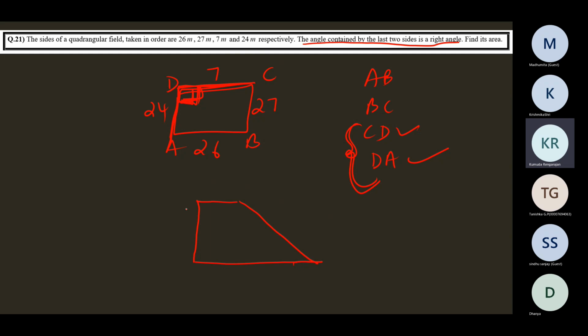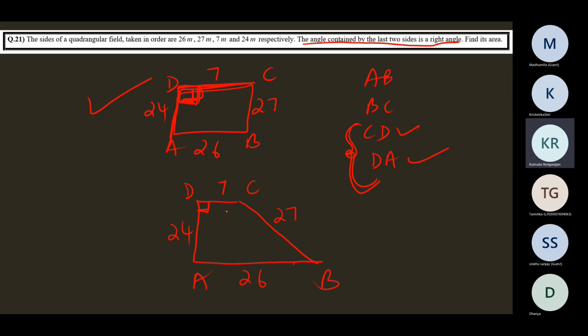First I draw this and I mark the information, and then I get a better idea to draw the rough figure. So this is my rough figure. A, B, C, D, and then I mark 7 here, 20. You can't change anything, the same thing. And this one is a right angle.